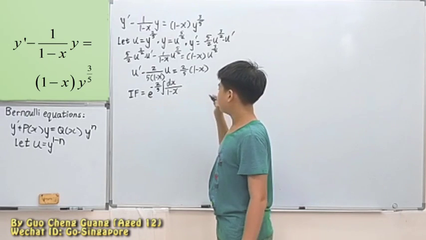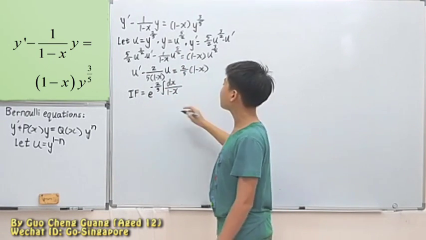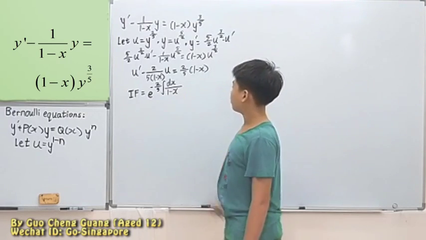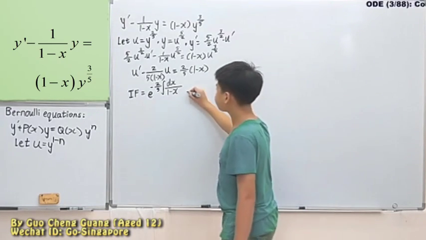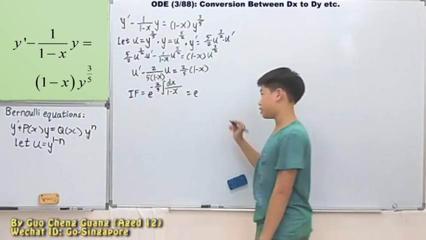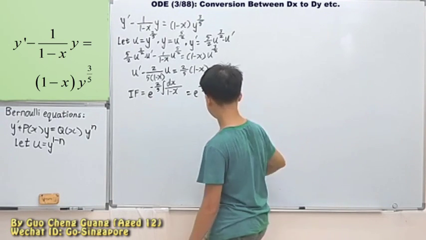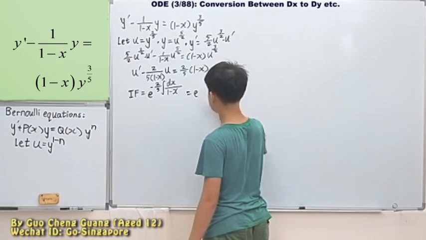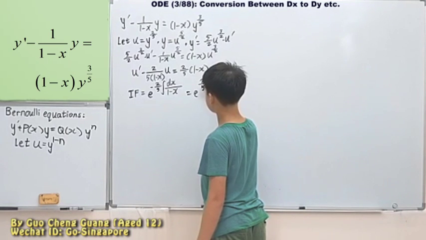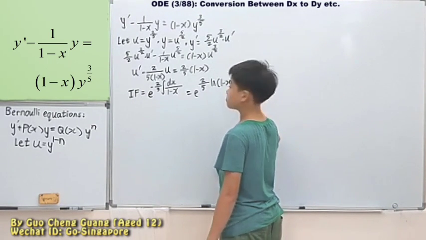Okay. But right now here we're going to use this type of method. Okay? e to the power of this thing. So what I think can be simple integration. That's it.